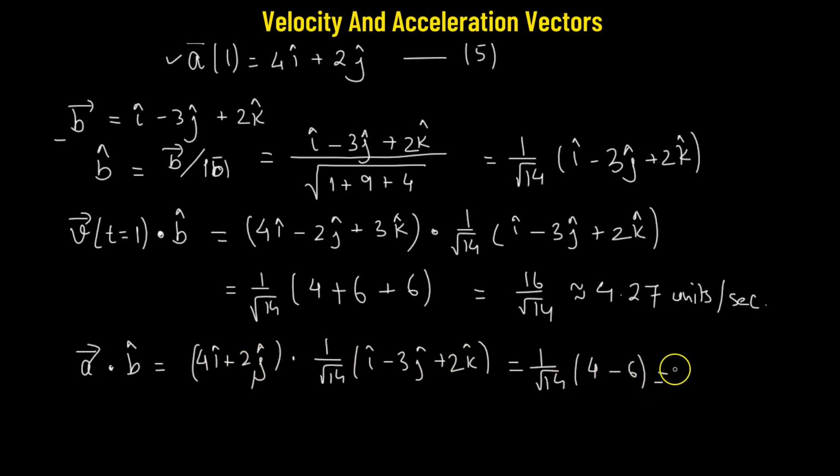So this will be equal to negative 2 over square root of 14, which is approximately negative 0.53 units per second squared. So these are the components of our velocity as well as acceleration along the unit vector b cap, where the vector b is given by i cap minus 3j cap plus 2k cap.